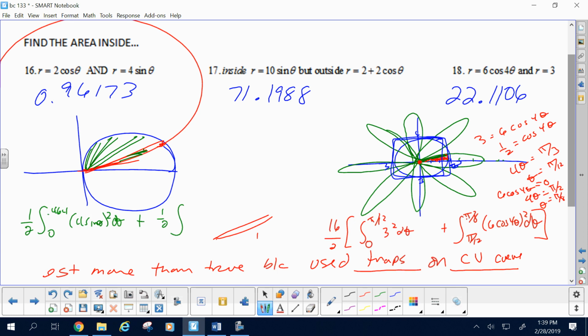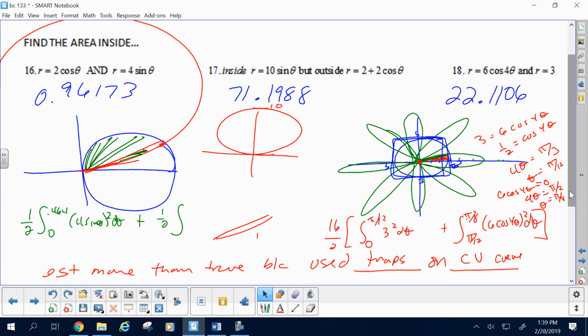Okay. 10 sine theta is a circle with diameter of 10, and 2 plus 2 cosine theta is a limacon.